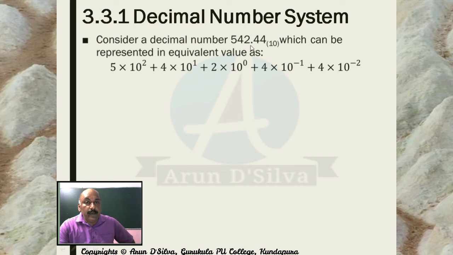Or 10 to the power 0, 10 to the power 1, 10 to the power 2. So 5 into 10 to the power 2, 4 into 10 to the power 1, 2 into 10 to the power 0. And from the decimal point, as you go to the right side, -1, -2, -3, -4. That becomes the power of the base of that number system. So that means 4 into 10 to the power -1, 4 into 10 to the power -2.